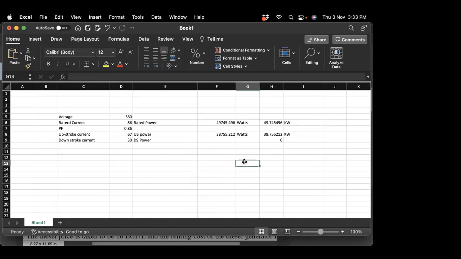Okay, perfect. At the same time, you can calculate also what we can call the downstroke power as the voltage times the downstroke current times the power factor times 1.77.